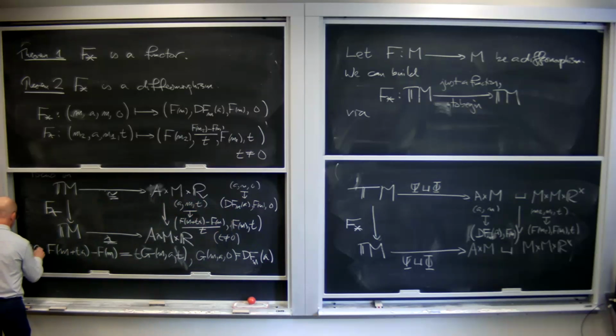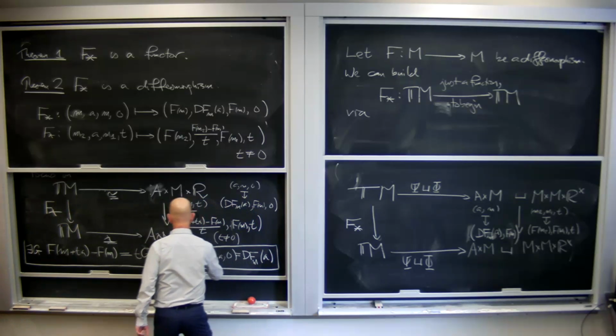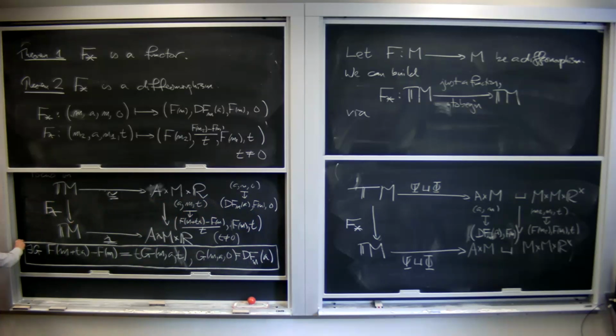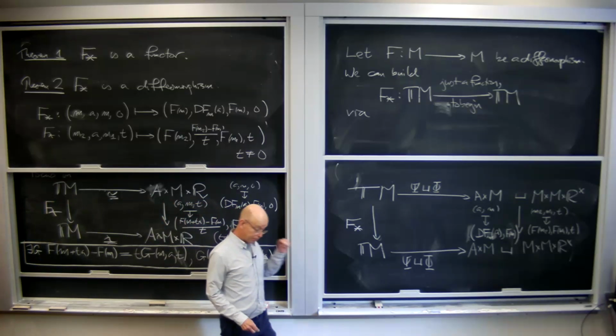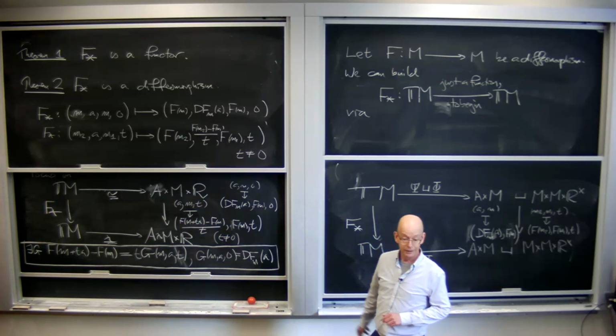So calculus tells you that there is some function g with this property. If you have a smooth function, and if it vanishes when t is equal to 0, it's t times another smooth function. And moreover, that other smooth function has the property that when you plug in t is equal to 0, you get the derivative, which is exactly what I wrote down.